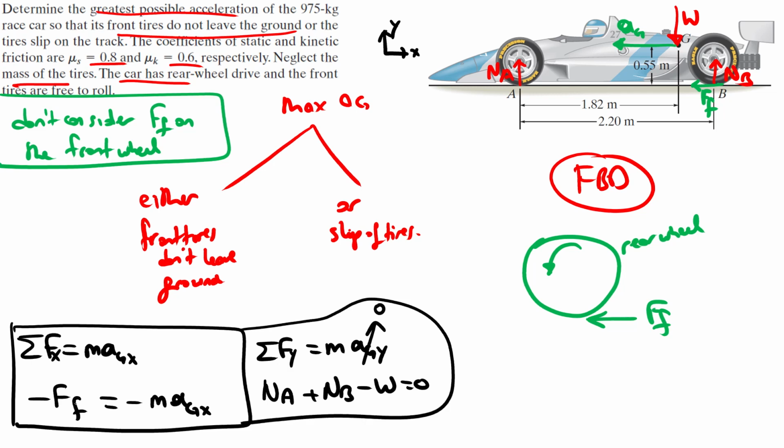As you can notice, we have one unknown here, the second unknown, third unknown, one more unknown, 4 unknowns. We have 4 unknowns, but 2 equations, but we have conditions that either front wheels do not leave the ground or the tires slip. We will use either of these conditions to decrease the number of unknowns.